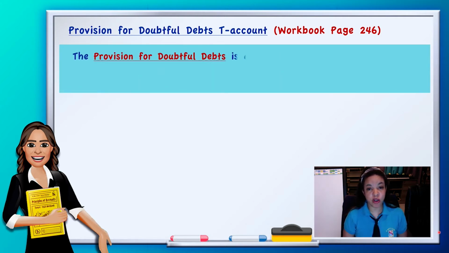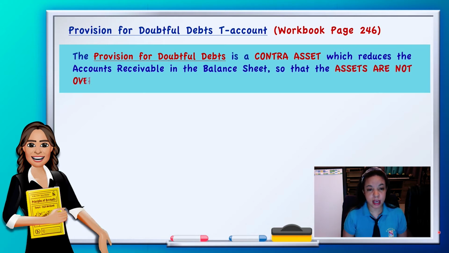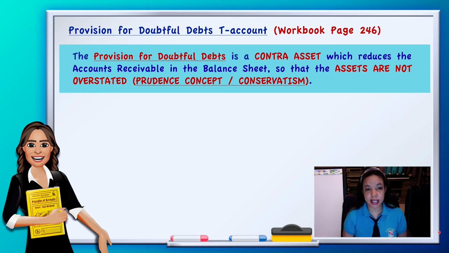The provision for doubtful debts is a contra asset which reduces the accounts receivable in the balance sheet so that the assets are not overstated, as stated in the prudence concept, which we also know as conservatism.